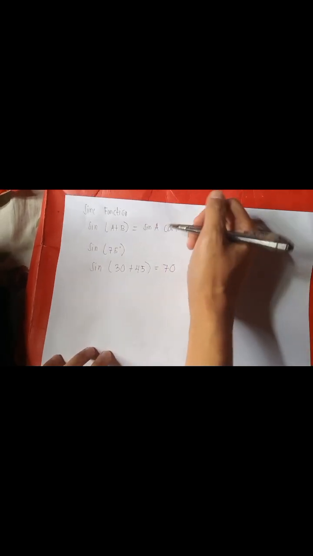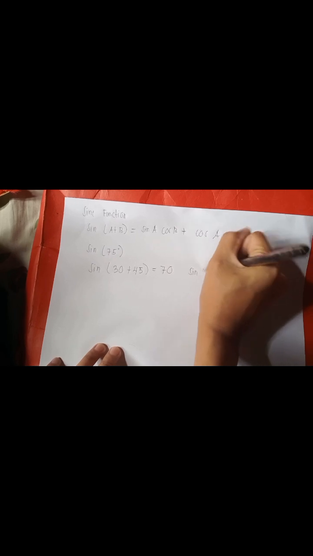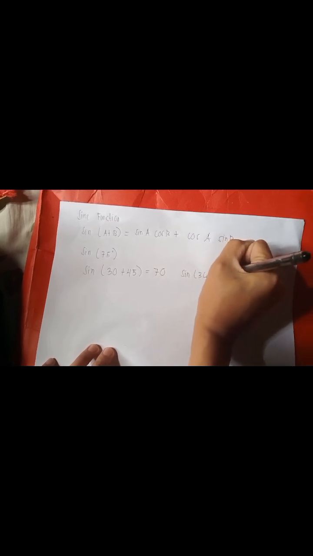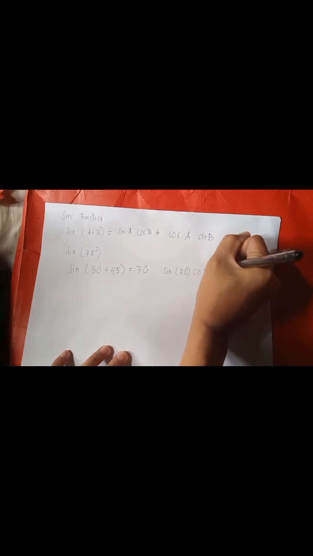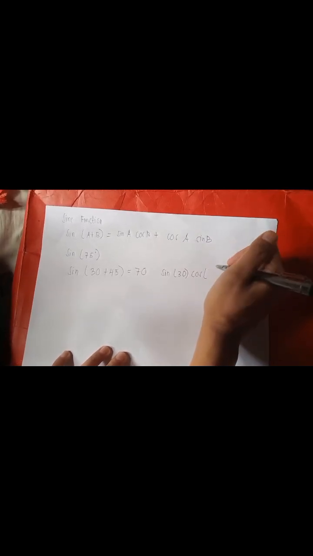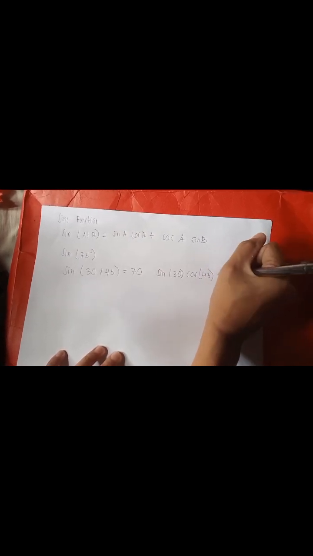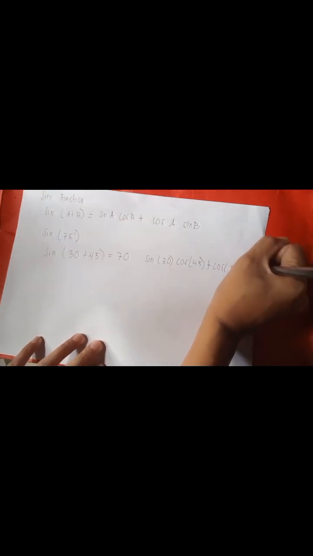So the sine A is 30. Cosine B is 45. Plus cosine 30 and sine B is 45.